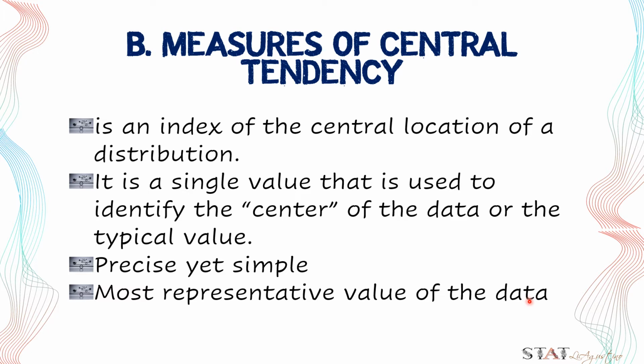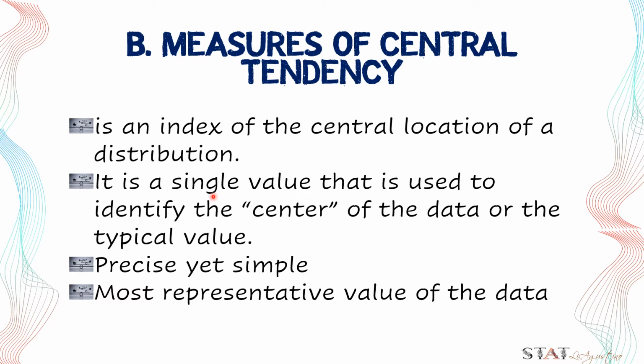You don't have to enumerate every data value. You just give me one single value, then I will have an idea of the characteristics or the capacity of your church. For example, the average tithe of our church members is 10,000. Then I will already know that this church is really bountiful, a tithe giver.